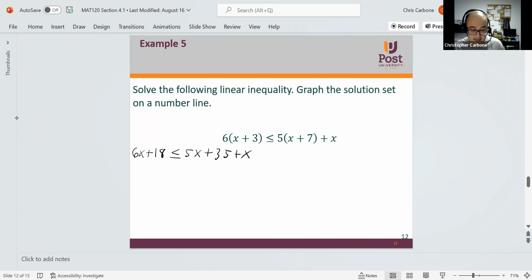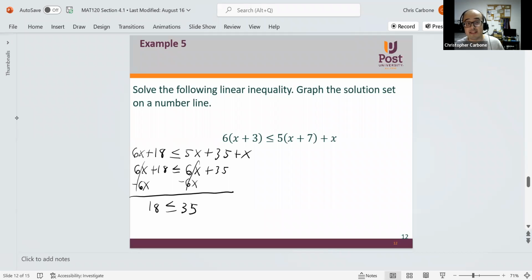We could combine the x's on the right-hand side. So 6x plus 18 is less than or equal to 6x plus 35. And now we could subtract 6x from both sides. These cancel. And we're just left with 18 is less than or equal to 35.